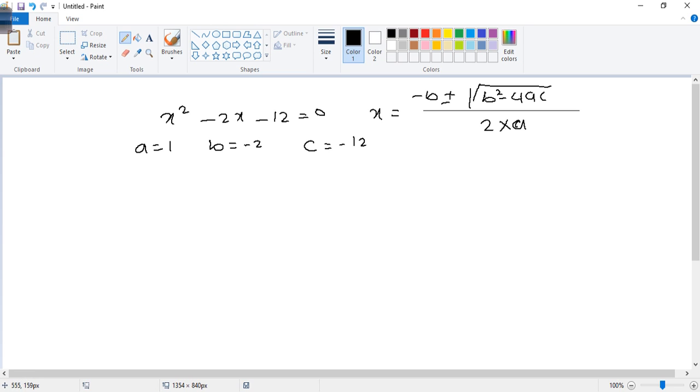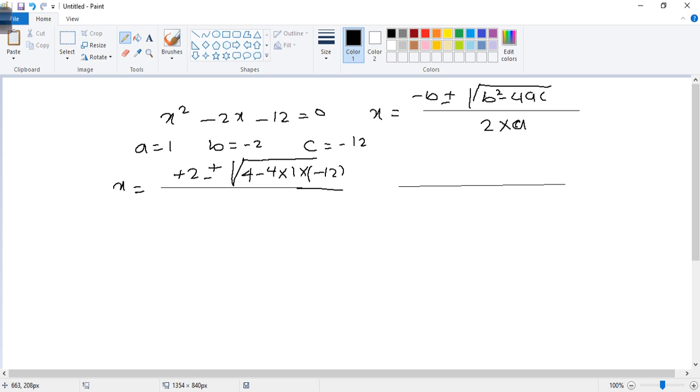We substitute in the formula, so x equals minus b, it means plus 2. Minus with minus gives us plus, plus minus square root, it will be 4, minus 4 times a, which is 1, times c, minus 12, divided by 2 times 1.